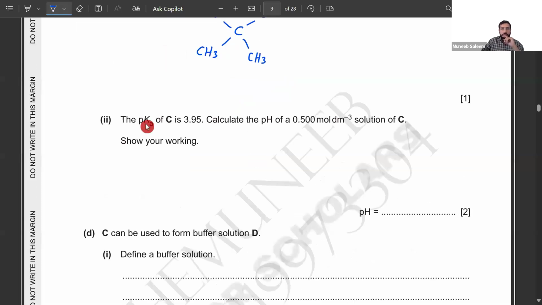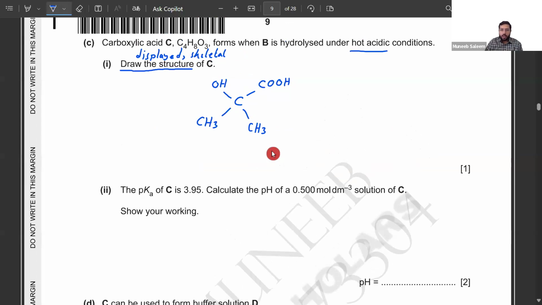Now the next part: the pKa of C is 3.95. Calculate the pH of this concentration solution of C. Show your working. Now they are referring to the pH calculation. The pKa value is provided and the concentration is provided.